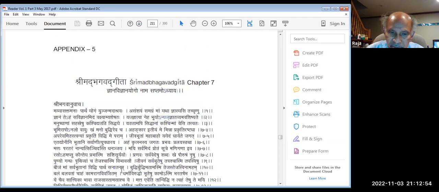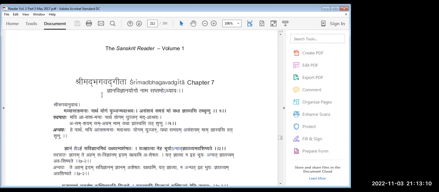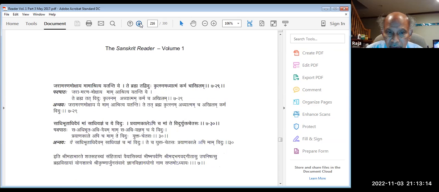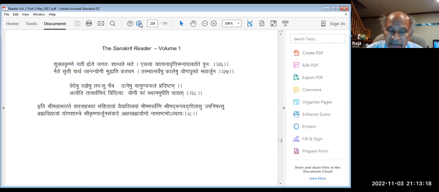Basic slokas are given, and then it's the same process. If you get volume 2, each sandhi is explained in detail. The same goes for chapter 8. So most of the Gita is given here.